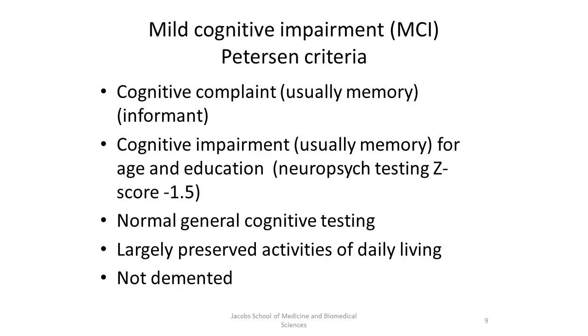So mild cognitive impairment by Peterson criteria. If you look at this list, cognitive complaint, usually memory. You want also an informant to confirm that. Cognitive impairment, usually memory, for age and education with a neuropsych testing Z-score of minus 1.5 or below.